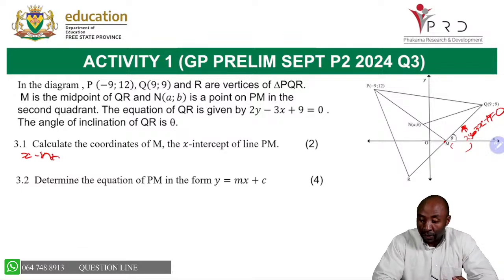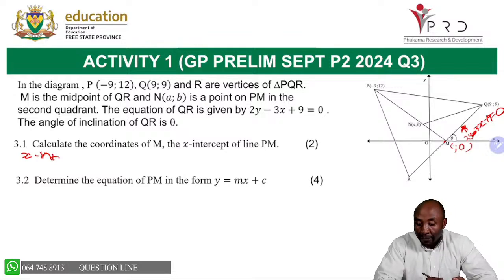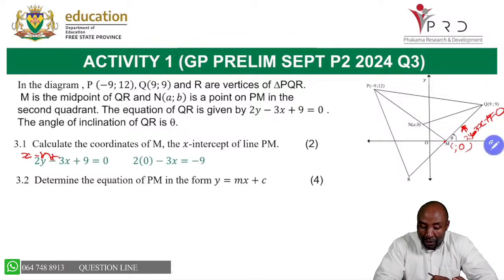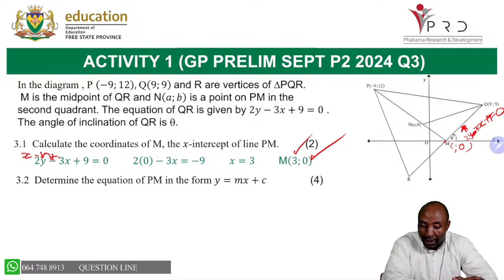We let our y to be equal to 0 because already we know that the y-coordinate here should be 0 because M is the x-intercept. Then this is what we did. We will substitute our y as 0 and we should get our x as 3. Therefore, the coordinates will be 3 and 0 there. You get 2 marks there.